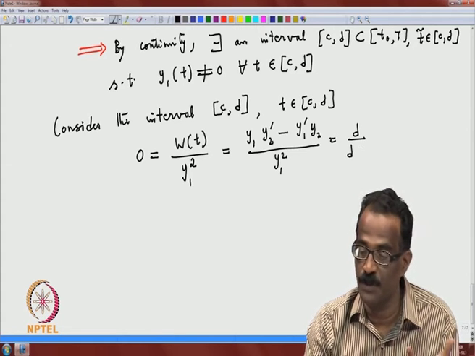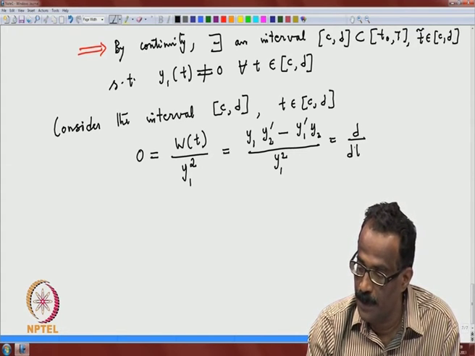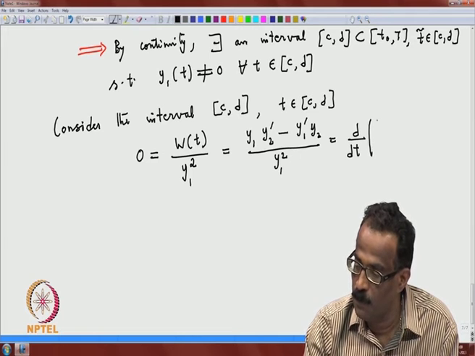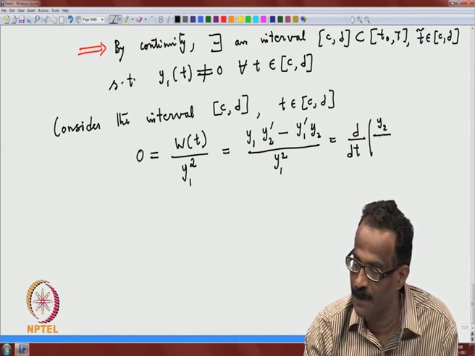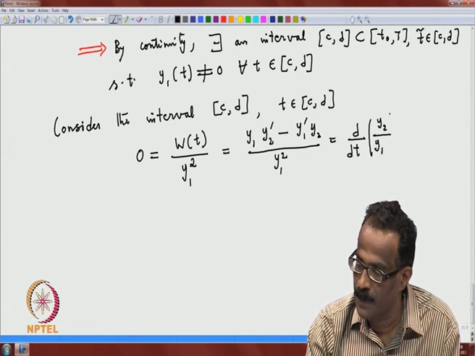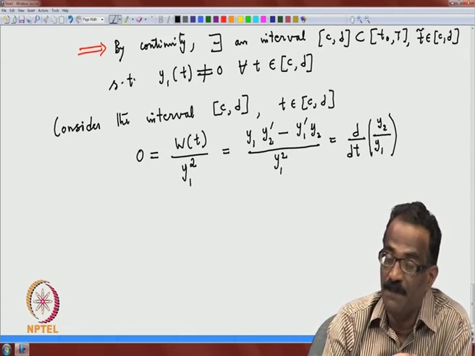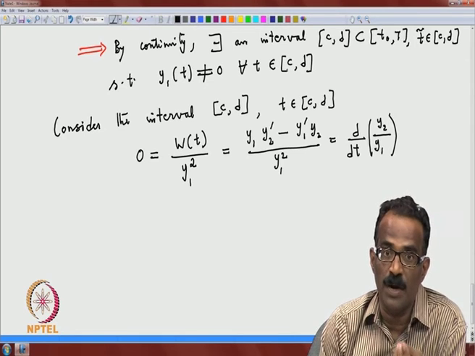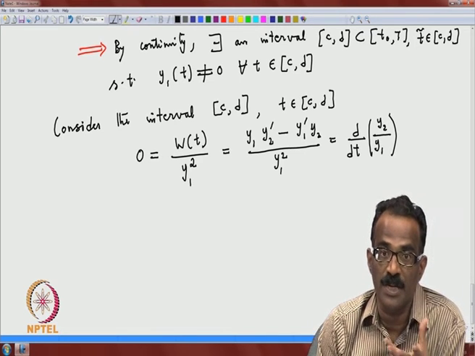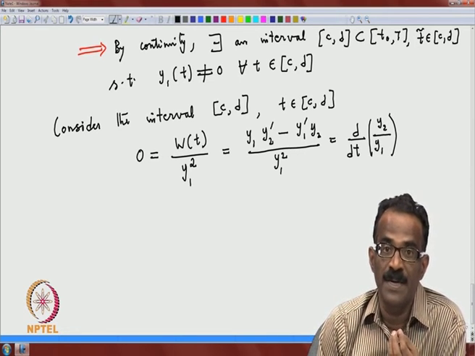That is nothing but d by dt of y2 by y1. You can also work with y2, that is nothing wrong. Therefore, d by dt of y2 by y1 is equal to 0. This is why we need an interval, not just one point; claiming d by dt is 0 at one point is not enough, we have to claim it in an interval.